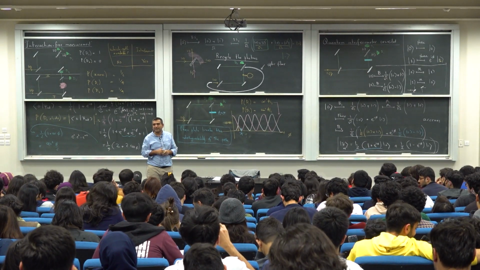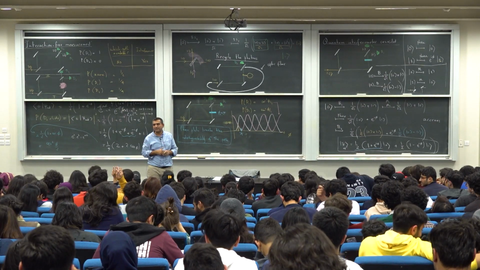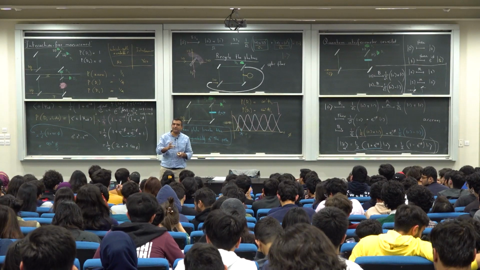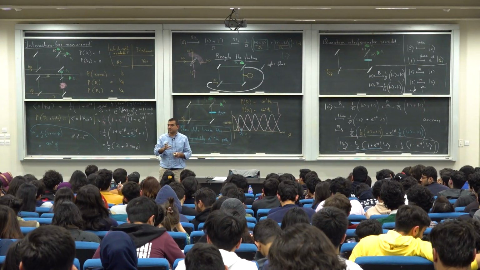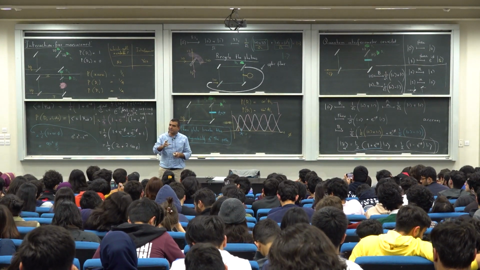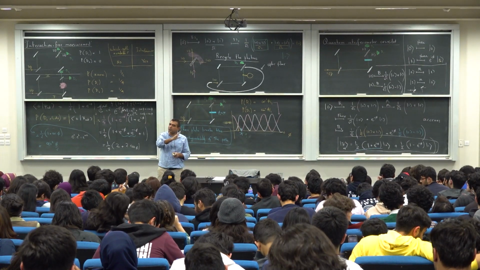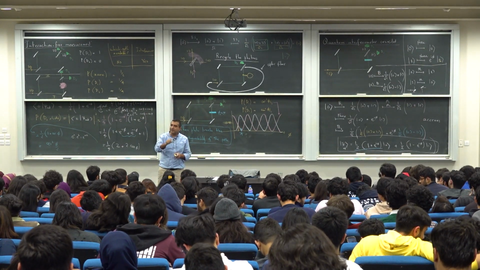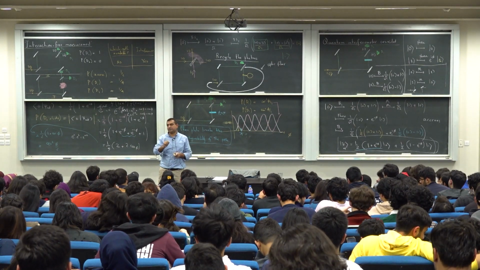All right, so that's what it comes down to. So it's possible to have partial information about the which path. The two extremes are when you either have no information about the which path or you have complete information about the which path. That happens when phi equals 0 or pi.